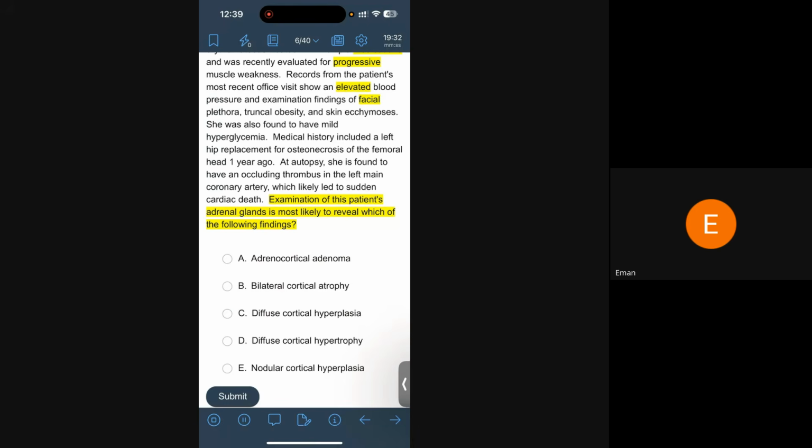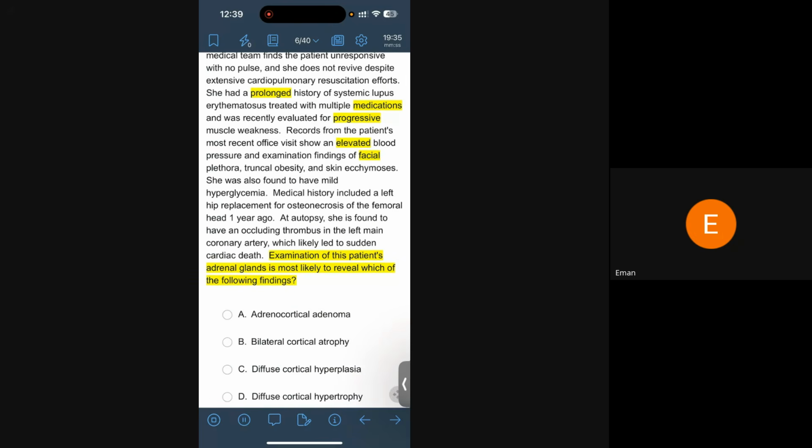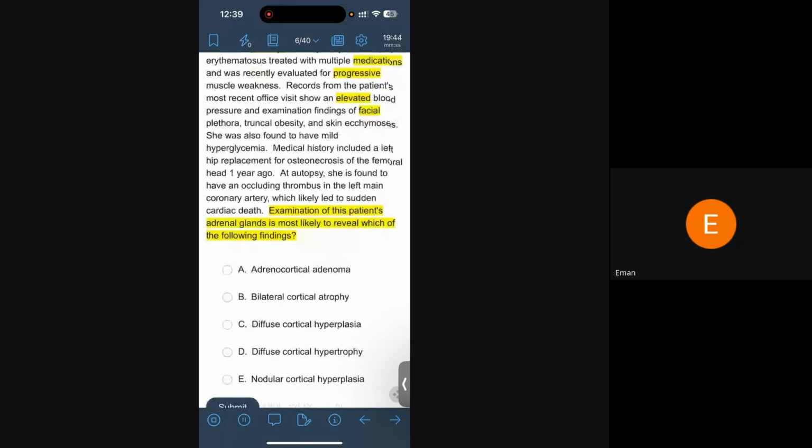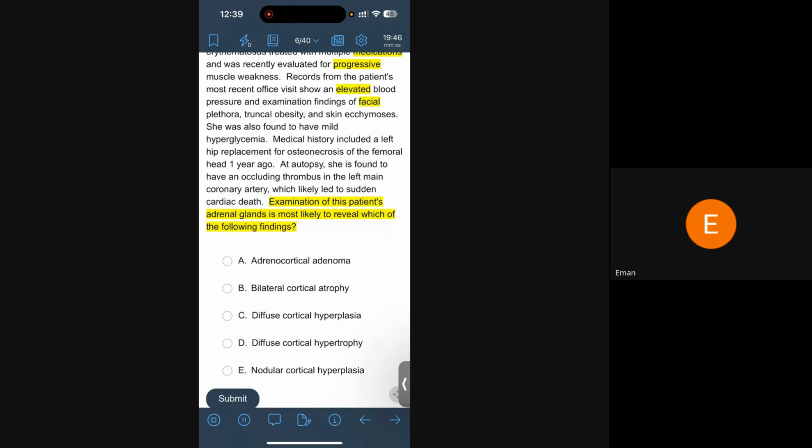The only thing given to us in this scenario is that the patient has SLE, for which she is using medication for a prolonged period, and we know that in SLE we use high dose steroids, right? So which one do you think the main pathology site is going to be, within the adrenal glands, or do you think the cause is going to be iatrogenic?